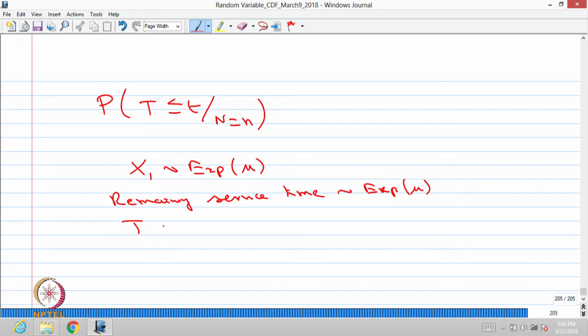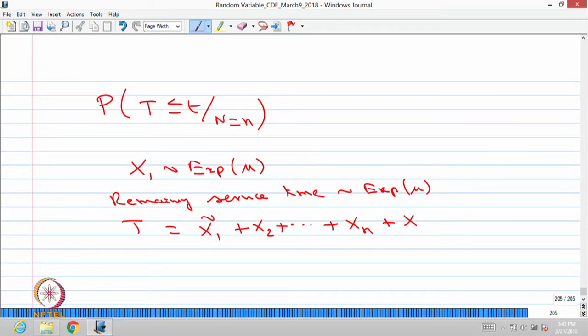That is, capital T is X1 tilde, the remaining service time, plus X2 and so on plus Xn, plus capital X. Each service time is exponentially distributed, identical, and mutually independent.